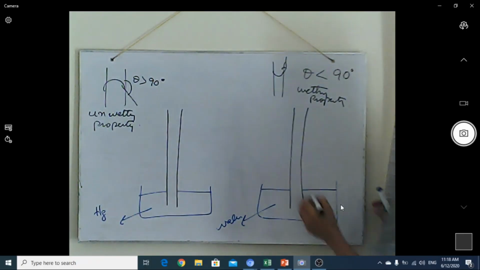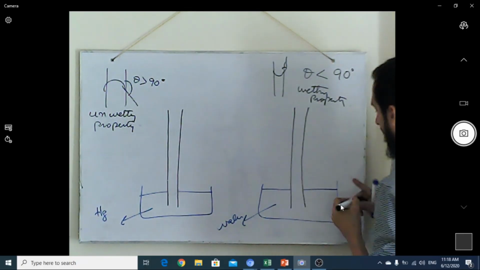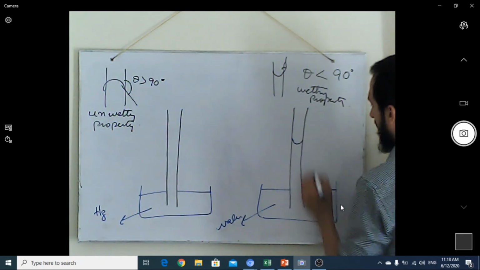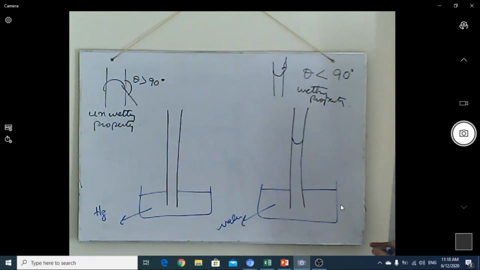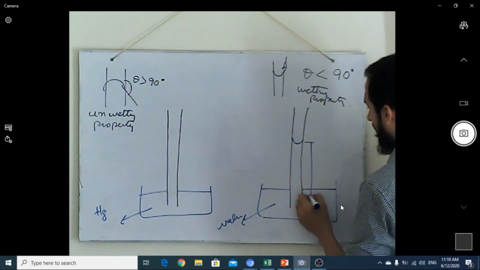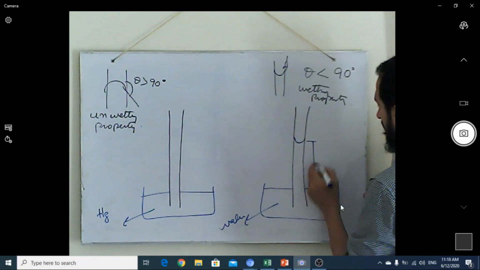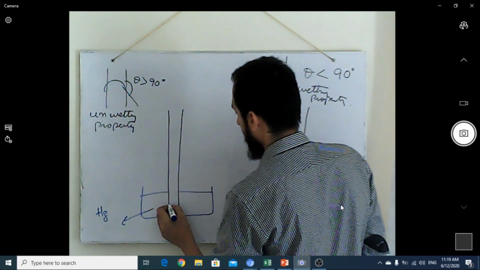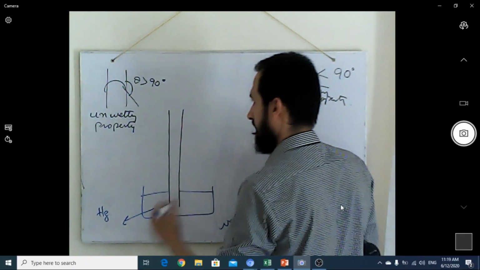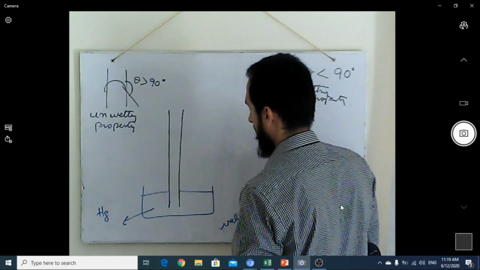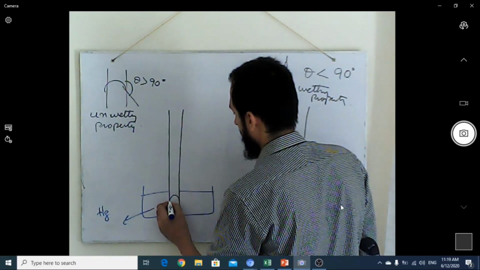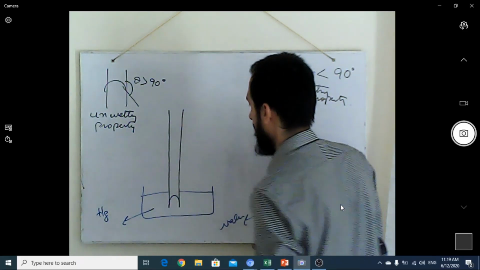So you will get the maximum capillary rise here for this fluid. On the other hand, if we talk about mercury, it won't rise, actually it decreases its level in that capillary tube.